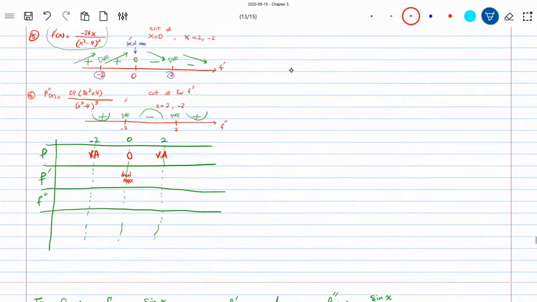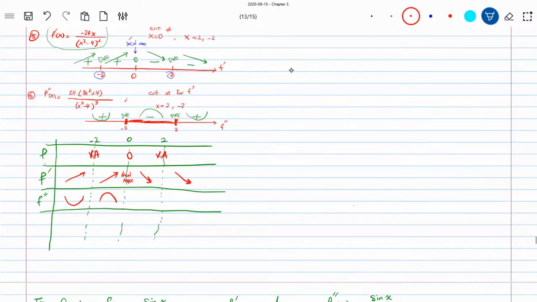So now, information from the first derivative is that the function is increasing here, decreasing, and decreasing. Information from the second number line is that the function is concave up here. It's important, between -2 and 2, look at this part of the curve, the function is concave down.